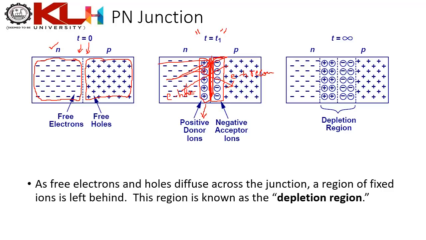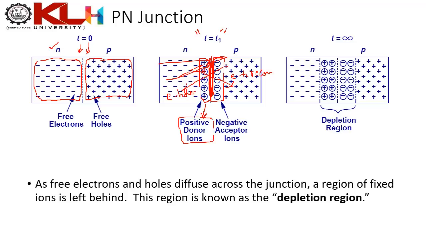And mind you, at the interface, if there is any free electron or free hole, they are busy recombining with the available electrons because there is an ocean of electrons here. The atoms that are devoid of any electron become positively charged donor ions.